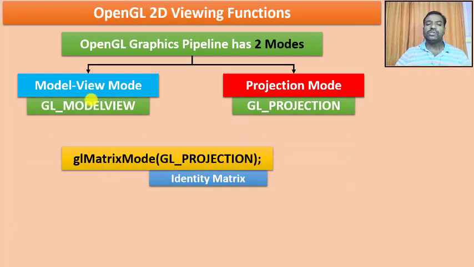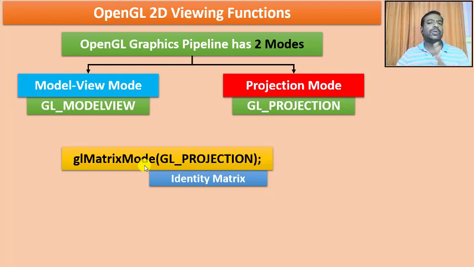When I use glMatrixMode and GL_PROJECTION, by default your OpenGL system should load an identity matrix. This is why we say matrix mode, because in your OpenGL program and the graphics pipeline, everything is about matrix operation, starting from identifying a point and later on putting a transformation or the viewing operation.